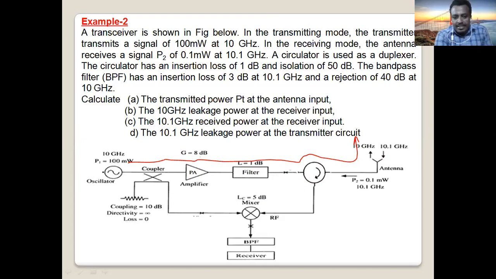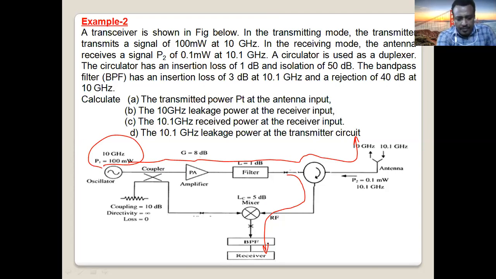This 10 gigahertz signal from our transmitter side goes to the receiver in the wrong direction. It causes a problem. In case of a radar, because of high power, this leakage will damage the receiver. In high frequency, high power telecom applications, we have to take care. This leakage must be very minimum.